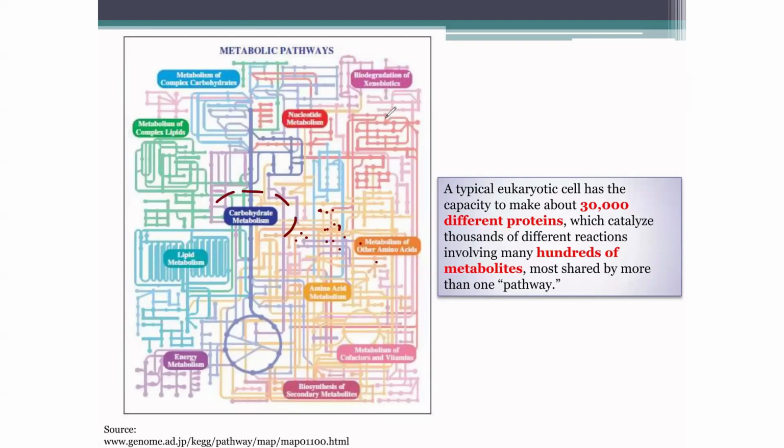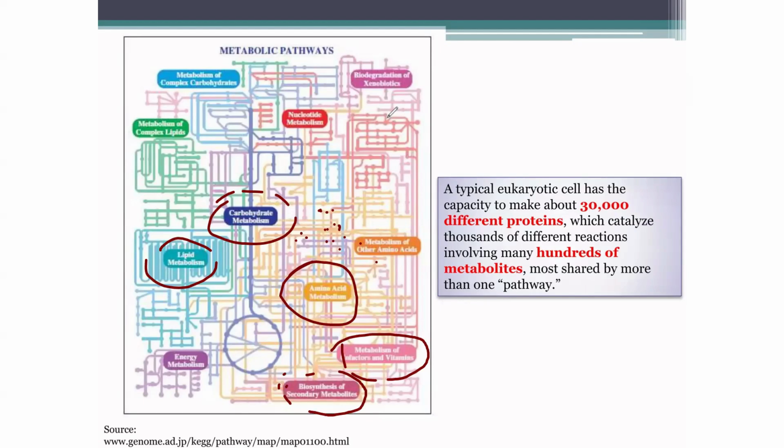Carbohydrate metabolism is here, protein metabolism is here, amino acid metabolism, metabolism of cofactors, biosynthesis of secondary metabolites, metabolism of nucleotides, metabolism of complex lipids, biodegradation of xenobiotics, metabolism of complex carbohydrates. All these are there.